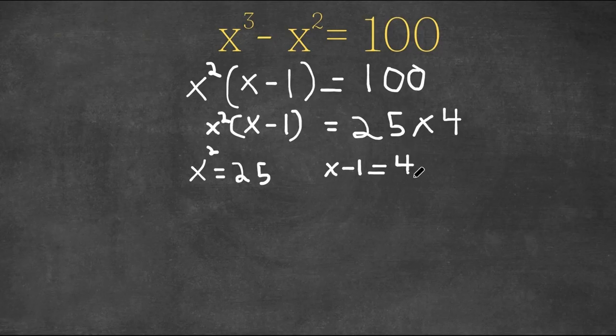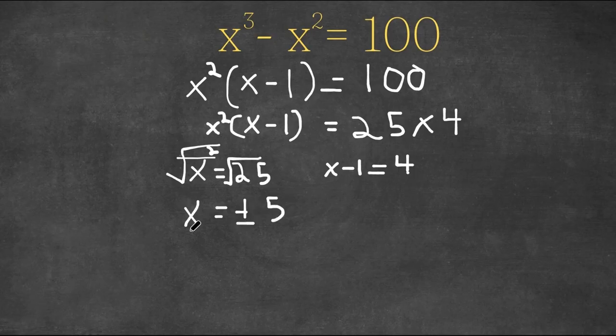Well, for x squared equals 25, if we do the square root on both sides, the square root of x squared is simply x, equals the square root of 25, which is positive or negative 5. So as you can see, this is one solution, and x minus 1 equals 4.